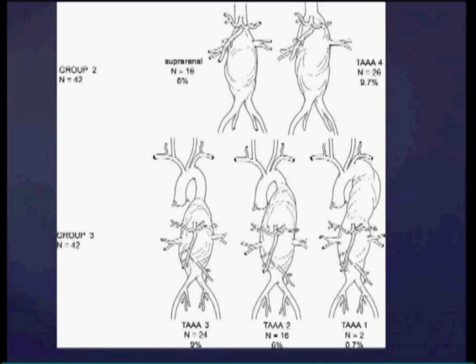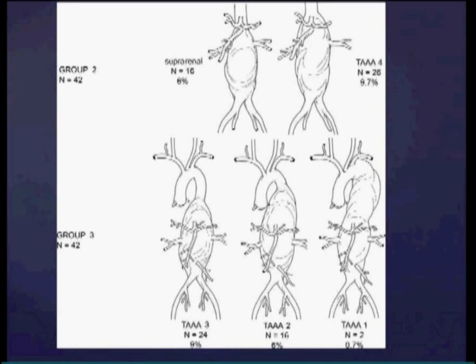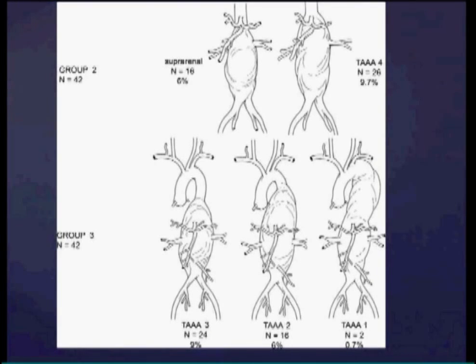So if you were going to do a thoracoabdominal fenestrated, would you do it staged? Seems like that would be. Yeah, that's an interesting question. This whole concept of staging is a little bit beyond my understanding, since I've only seen a couple of these cases.